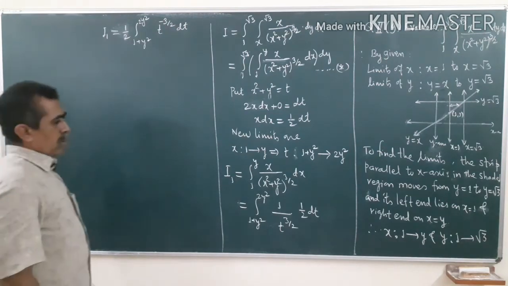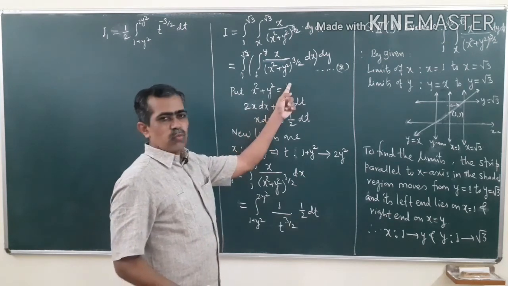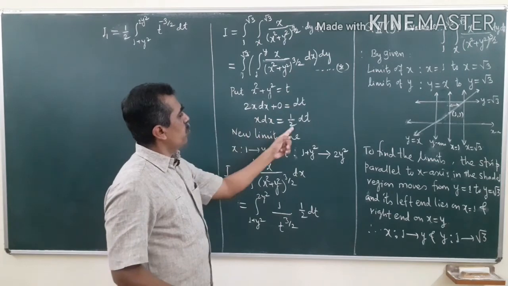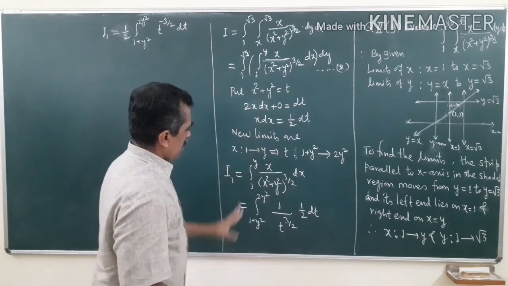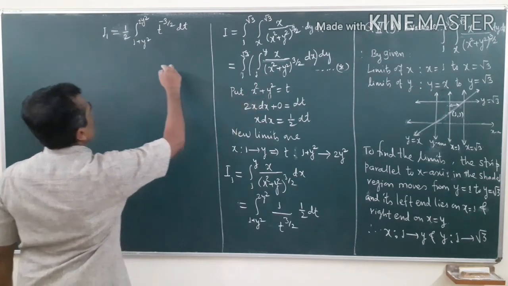You may even take the substitution as x square plus y square equal to t square. So that will be 2 dt, and 2 will get cancelled. You may do it that way also, but I have taken it here as t.